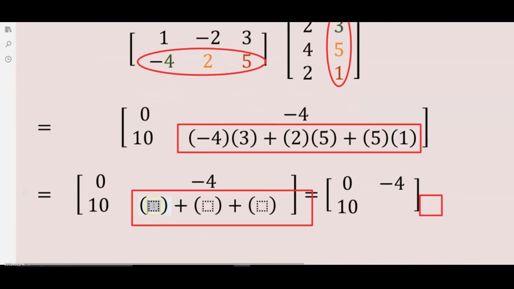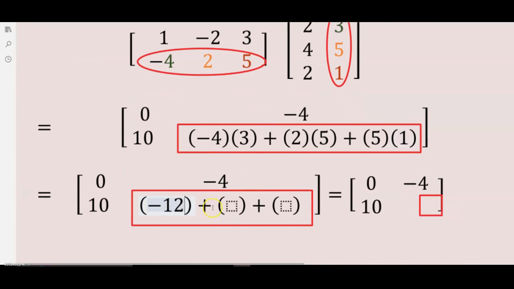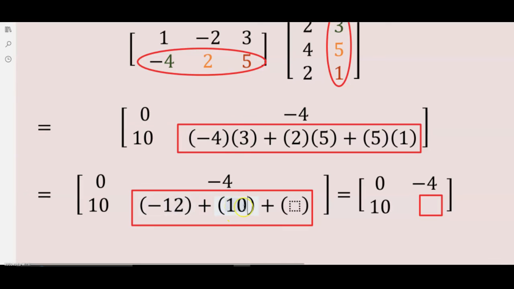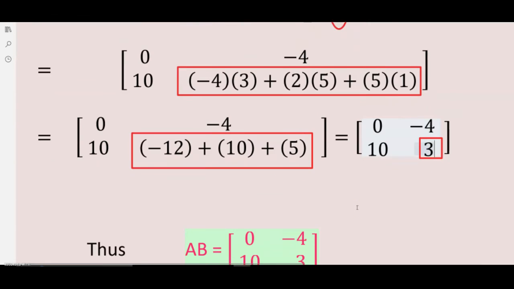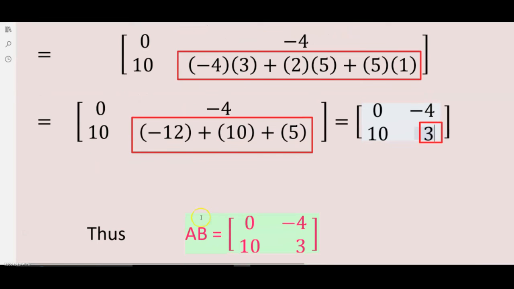Minus 4 into 3, minus 12, 2 into 5, that is 10, 5 into 1, that is 5. Now this is minus 12 plus 15, that is 3. All right, now as you can see, we got the answer after multiplication of these two matrices, and this is of order 2 by 2.